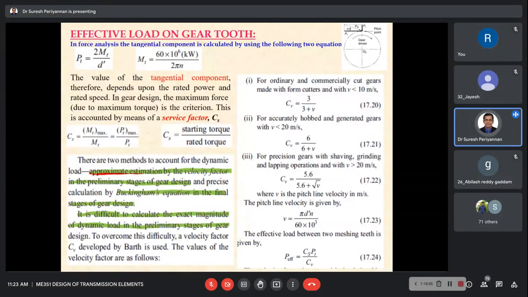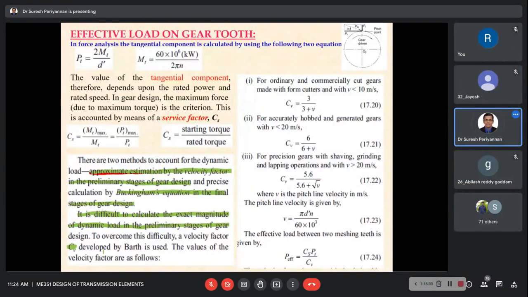Okay, to overcome that issue, we are introducing the velocity factor. In that sense, people went into research and introduced the velocity factor to overcome this dynamic load calculation. Based on speed, the velocity factor can be defined.